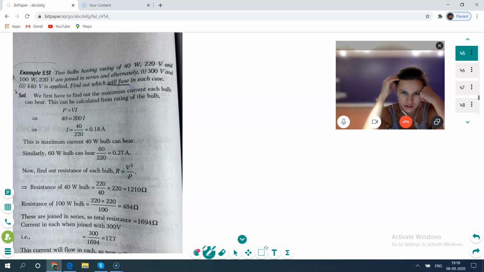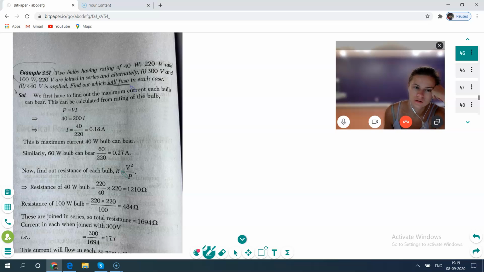So if they produce more heat, what will happen? They're going to start to explode. Once they start producing more heat, the filament inside the bulb will get burned, melted. Burn, yes. So basically we have to see how much heat they can sustain.